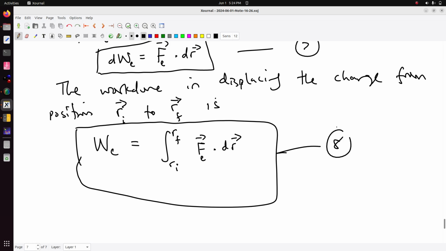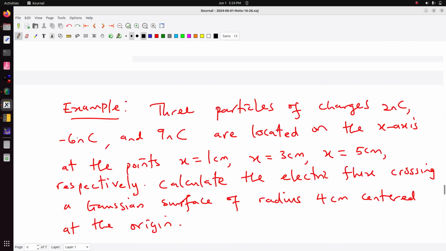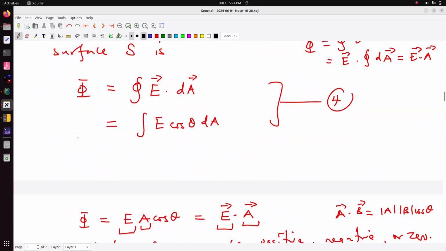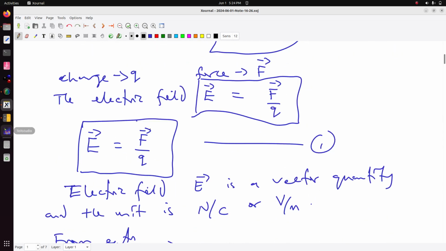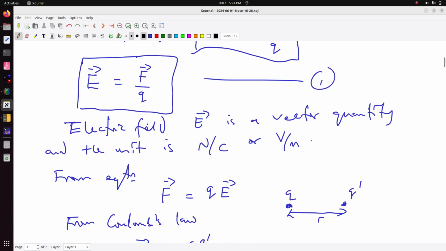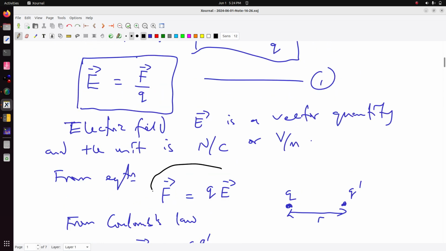Of course, we can reduce this equation. From our definition, if you check equation 1 or equation 2, F is QE. This equation is from the definition of electric force.